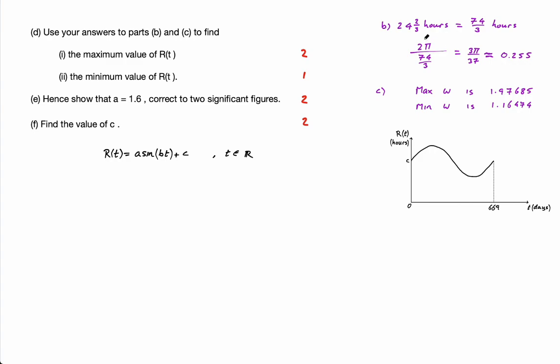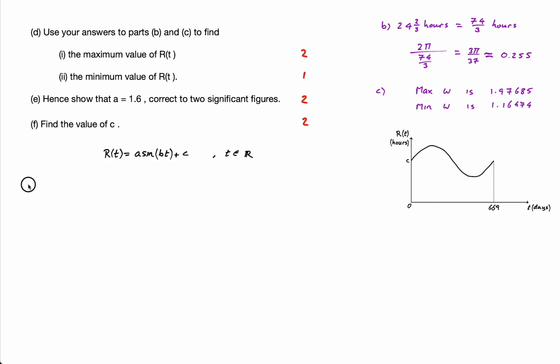Mars spins on an axis, and obviously there's 2 pi radians in one full turn. So we divided 2 pi by this to figure out how many radians Mars spins in 1 hour, and it spins 0.255 radians in 1 hour.